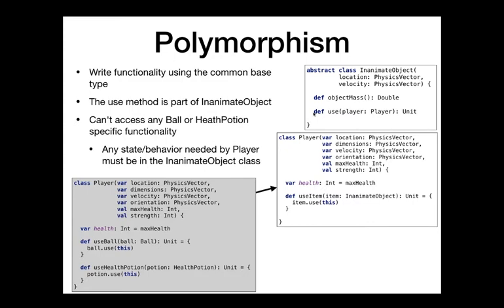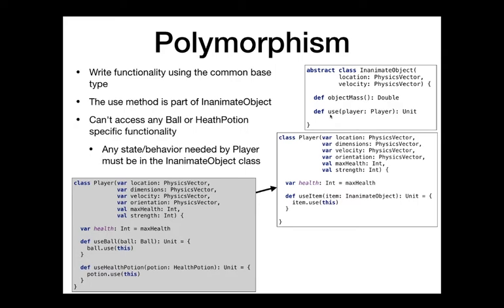The only thing that changed when we added this to the abstract class was that we had to use the word override in front of our methods when we implemented them in the other classes. So why did we even bother doing that? And this is why. When we get a variable of type inanimate object, we have a guarantee that it has a use method that takes a player reference as input and returns Unit.